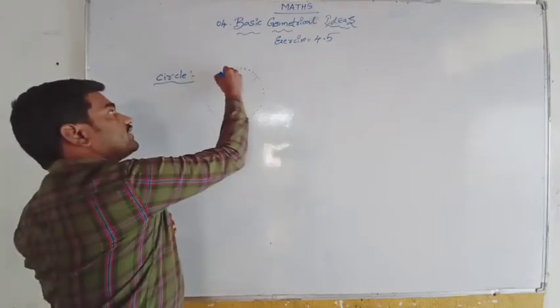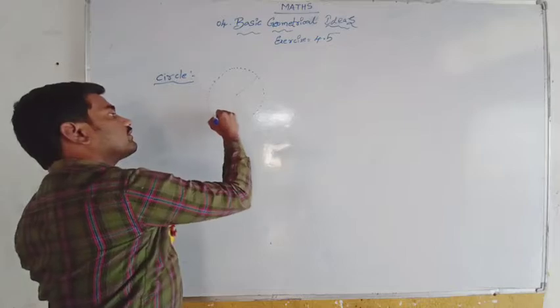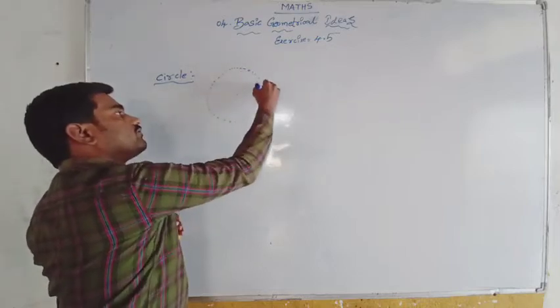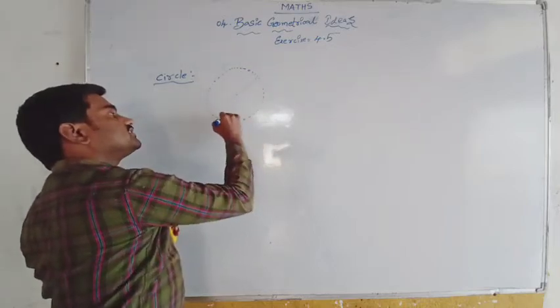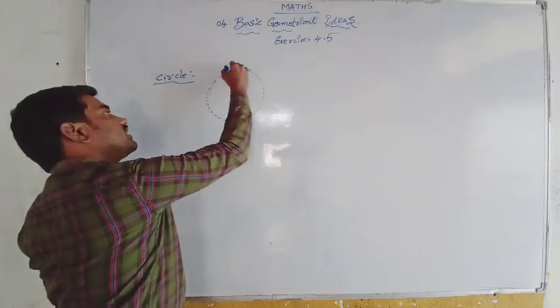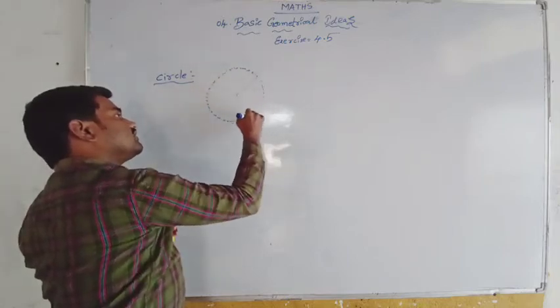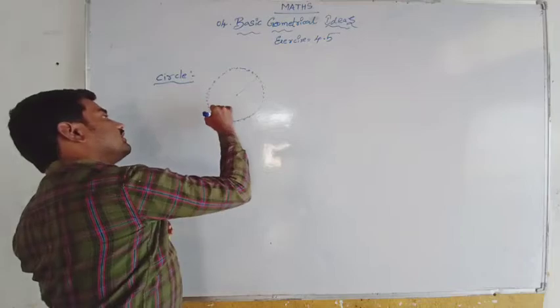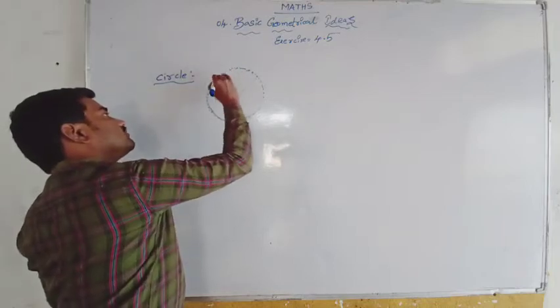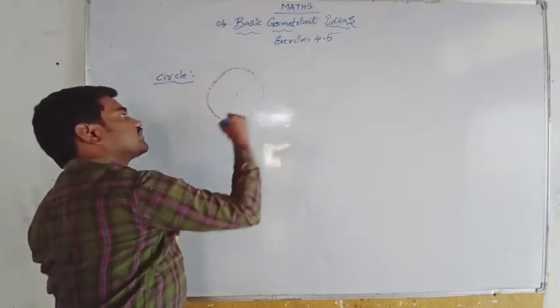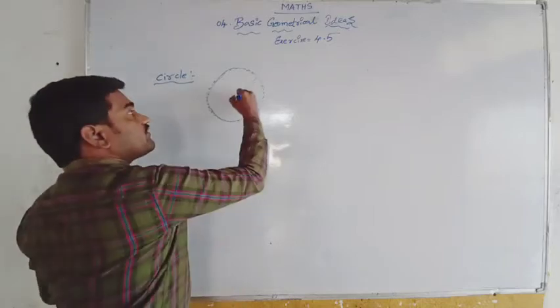So the set of infinite points which are at a fixed distance from a fixed point is known as a circle. If you join all the points, it will give a circle.